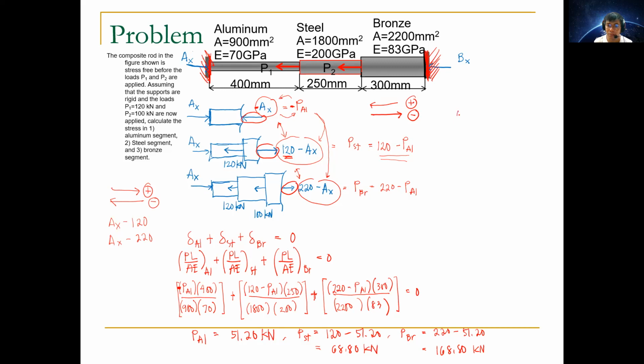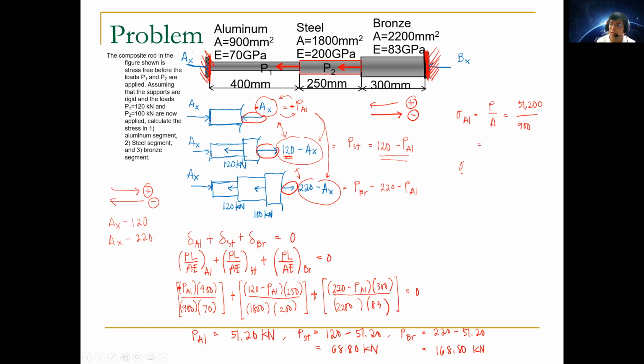So starting off with aluminum, that would be force over area, and this is 51.20 all over 900 mm squared. So again, try to make it into newtons so that the answer comes out in megapascal.